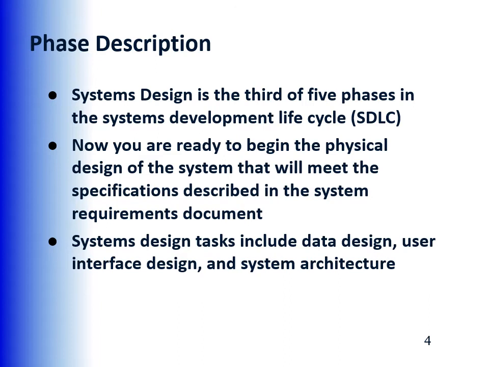Okay, now I assume you are ready to begin the physical design of the system that will meet the specifications described in your system requirements document. You should know that system design tasks include data design, user interface design, and system architecture.